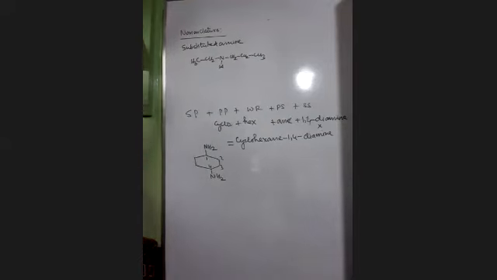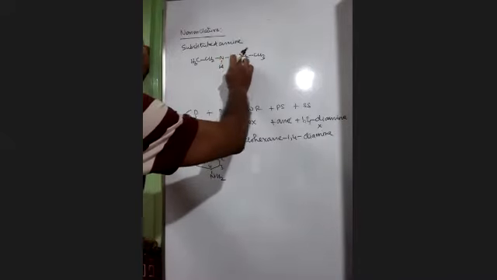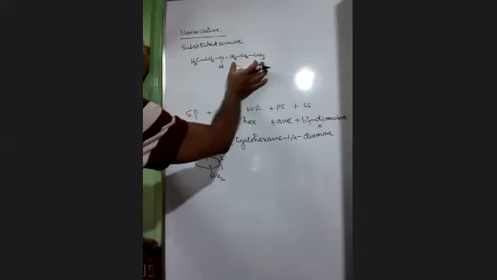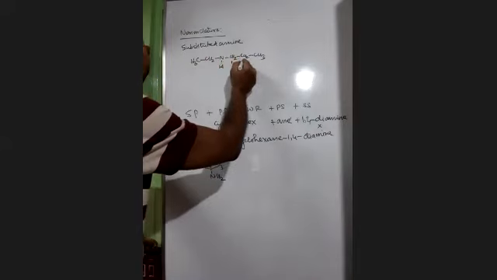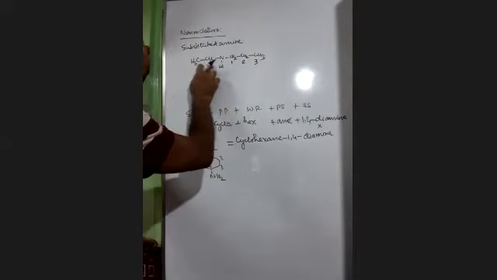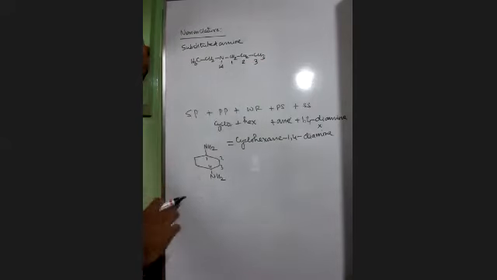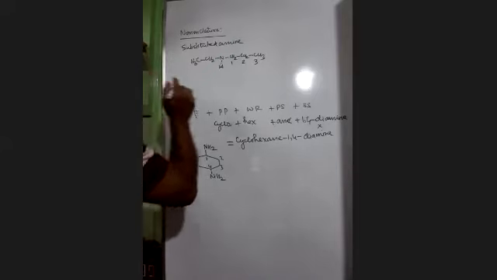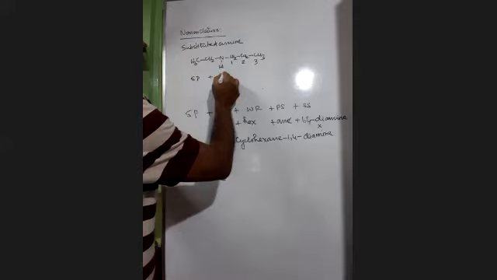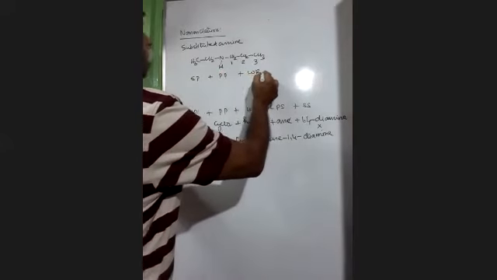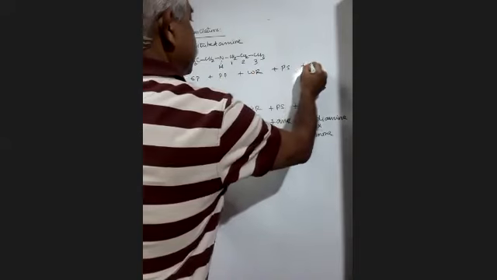But when you go for IUPAC naming, the longest chain will be the main molecule. So here you have 1, 2, 3. This is our main chain, and this is the substituent. Nothing is on the carbon chain, but we know that we have an ethyl group on nitrogen. So for that, I cannot put a number.